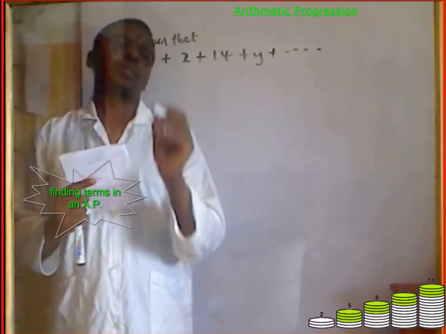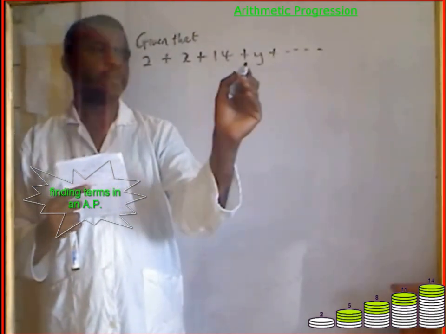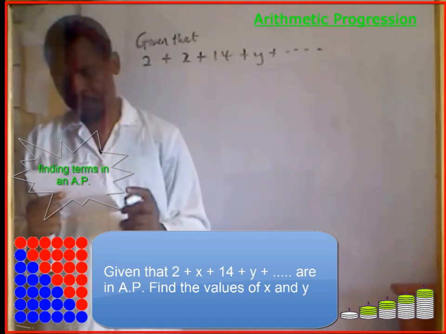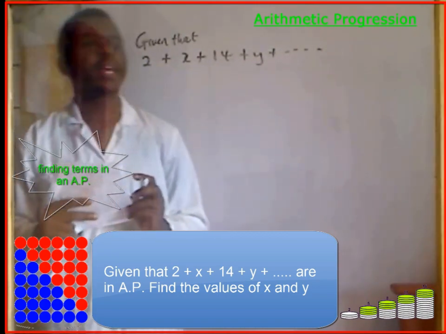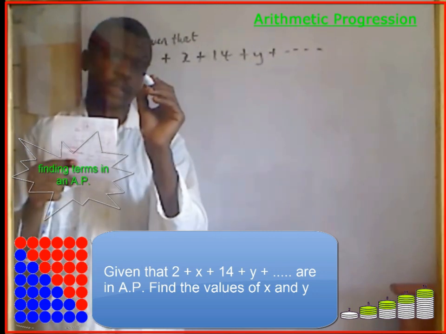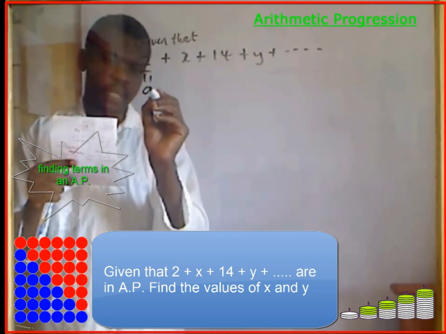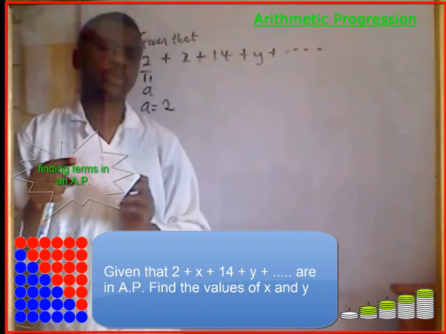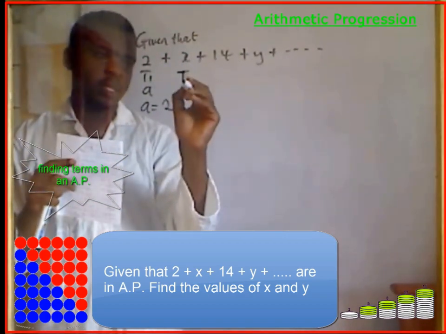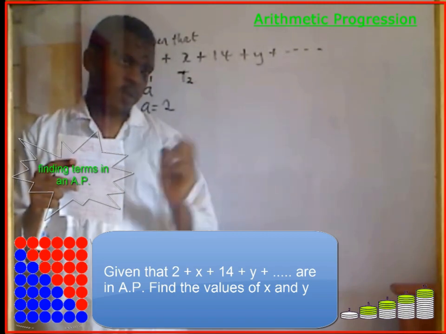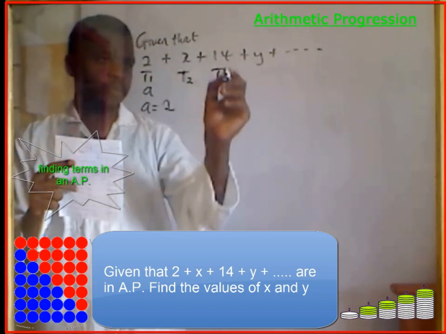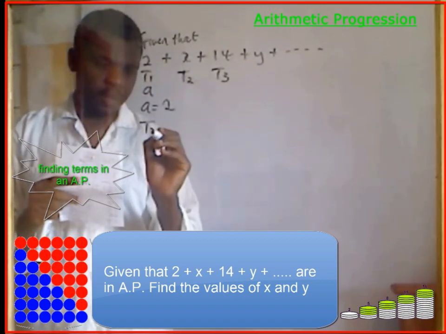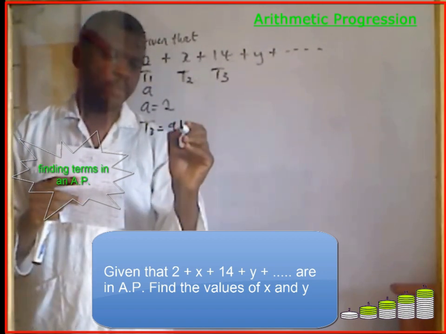Given that 2, x, 14, y are in an AP, we're asked to find the value of x and y. What do I see here? This is T1. Our T1 is just A. So here A is equal to 2. Our x is T2. 14 is T3. From 14 I can get D. T3 is equal to A plus 2D.